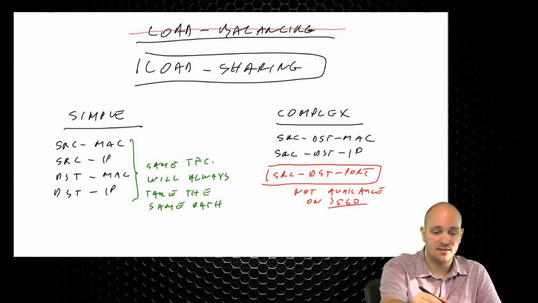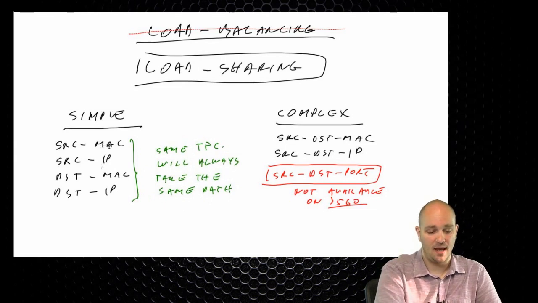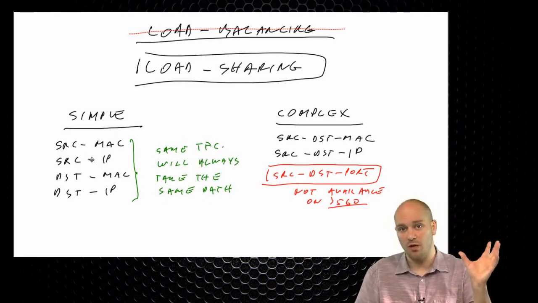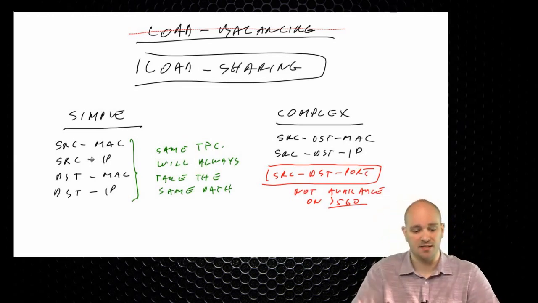What that means is that if you're using source MAC or source IP, all the traffic generated by that one host will always take the same physical path.